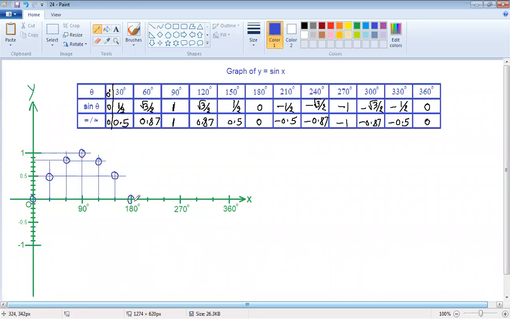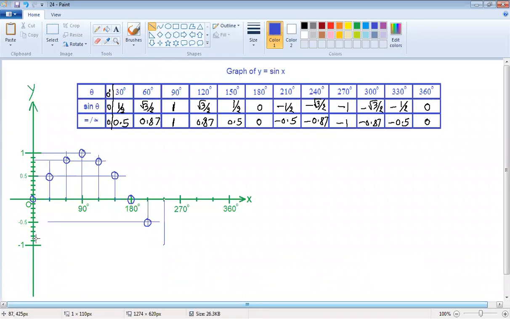Sine 180 is 0. And now we come to the negative values. Sine of 210-degree is equal to minus 0.5. So I take the vertical line here. This is the value here, sine of 210-degree. Then next, sine 240 is the same as minus 0.87.